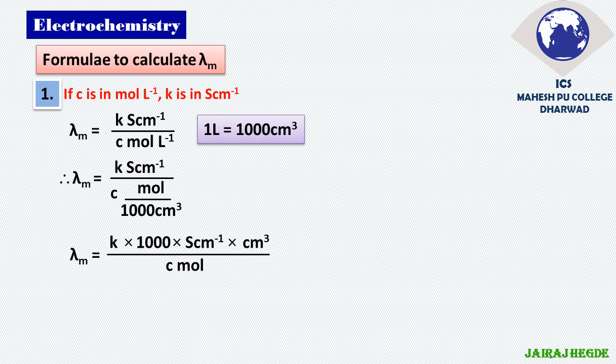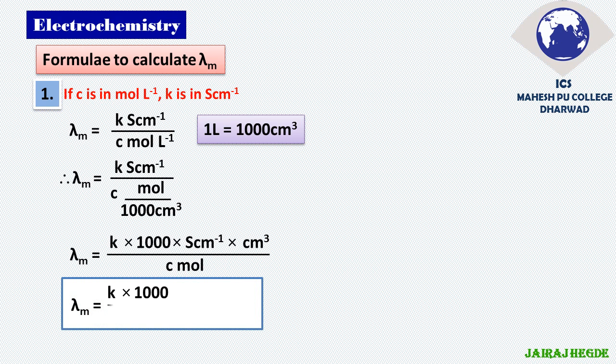The formula is very simple. Lambda m is equal to kappa into 1000 divided by C, where kappa should be in terms of Siemens per centimeter and the concentration will be in mole per liter.